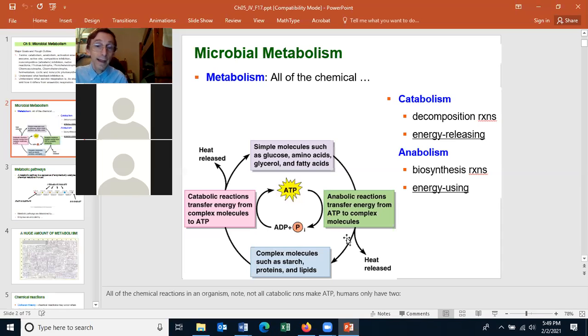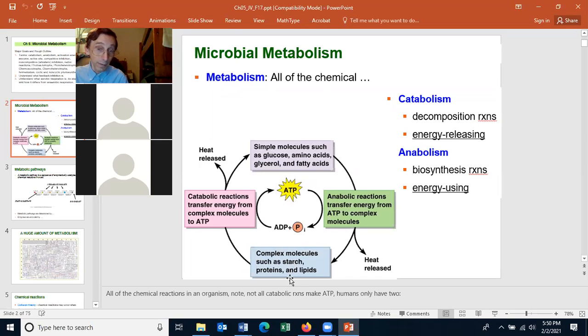Okay, so like I said, this slide is a little bit of a misnomer, and that is the majority of the molecules being broken down into simpler molecules do not generate ATP in animal cells.